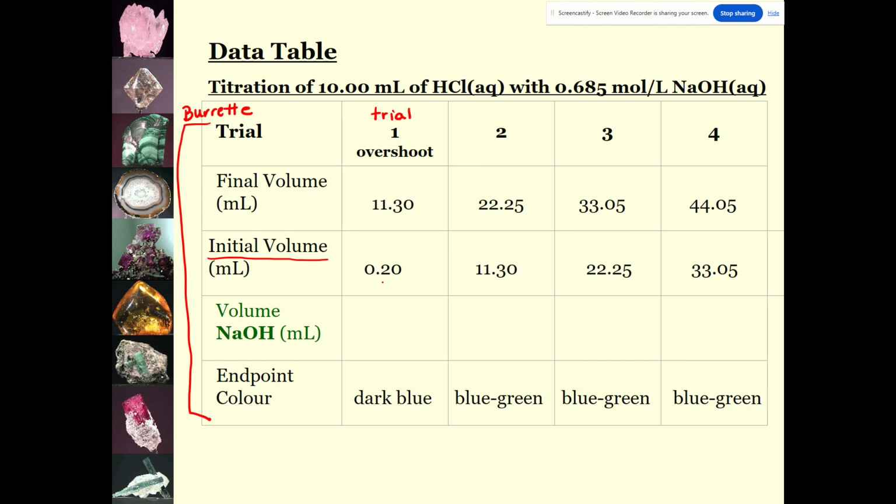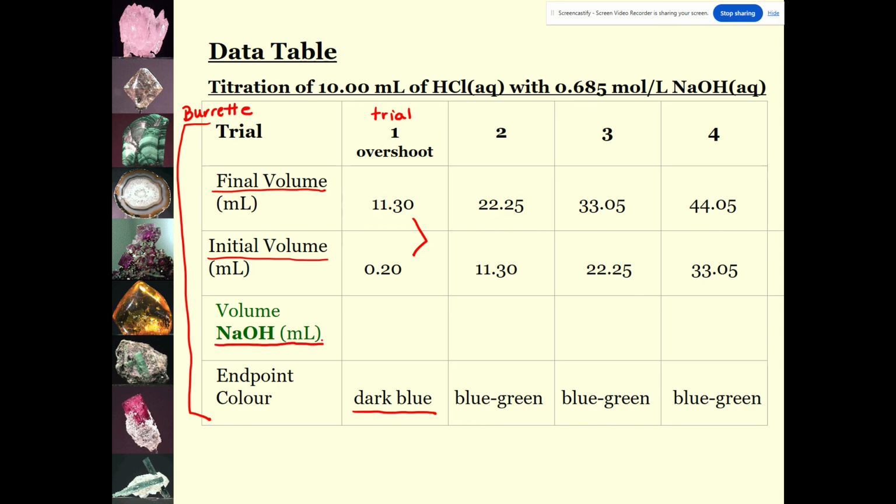It doesn't have to be exactly at the top. And then you're going to let the solution drain until a color change happens. As soon as that color change happens, you stop the burette from emptying and record what the new or final volume is. Then you subtract these volumes and it tells you what volume you actually added in that trial, okay?